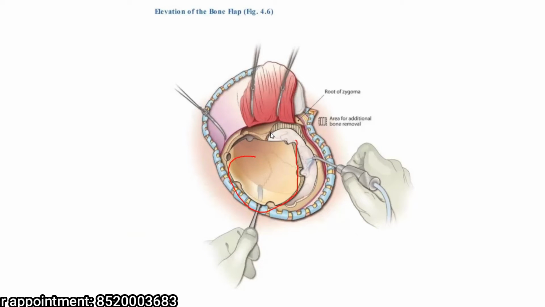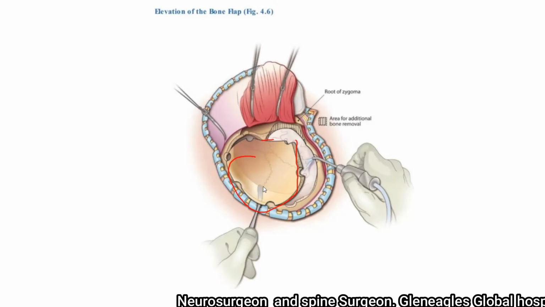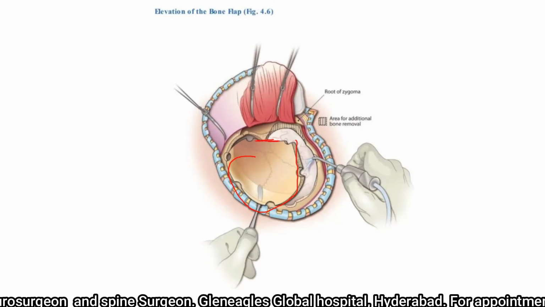One important precaution to take here is at the sphenoid ridge. You have to drill the bone to make it papery thin. When you are elevating the bone, it should easily fracture at the sphenoid ridge.